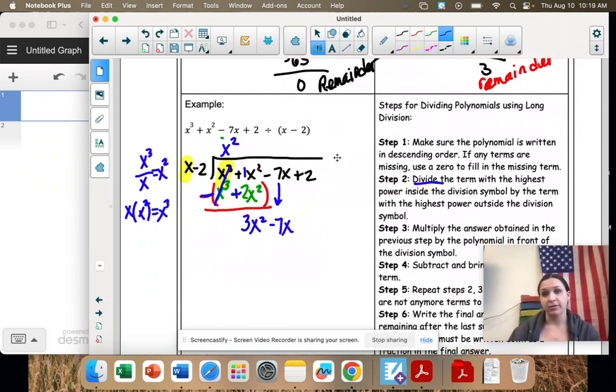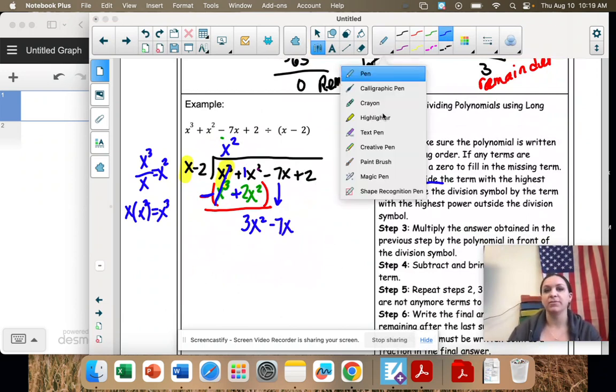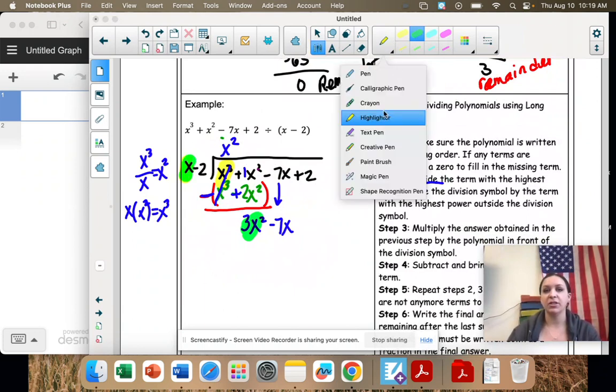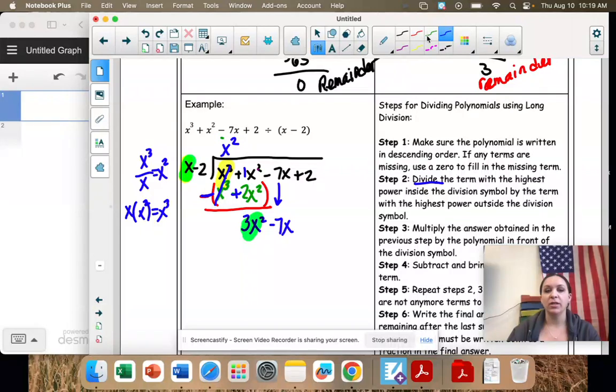Then we start over, just like we do with our other long division. I'm going to change colors this time. So now I'm focused here. 3x squared and x. And it's the same concept. Okay, what do we need to multiply x by to get 3x squared?